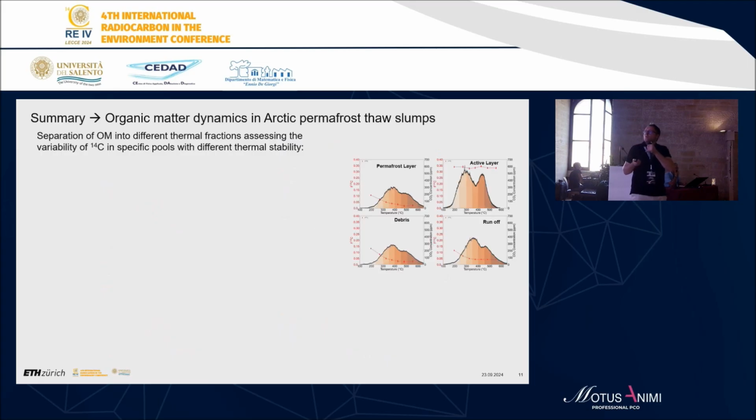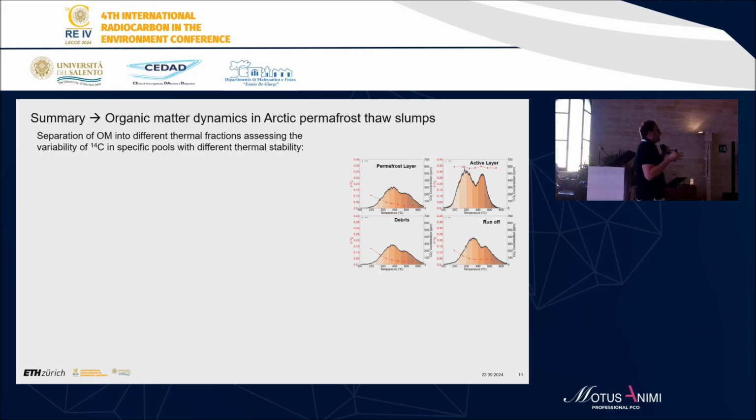So, what could we understand? We could separate the organic matter that we had from the permafrost simply by using a simple technique, using heat. And we measured different fractions. So that's already a big step.